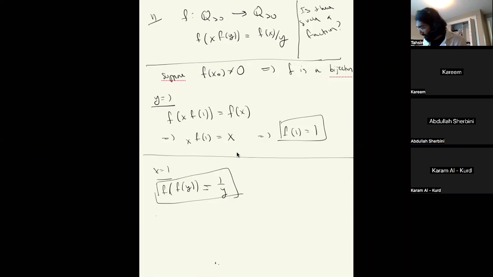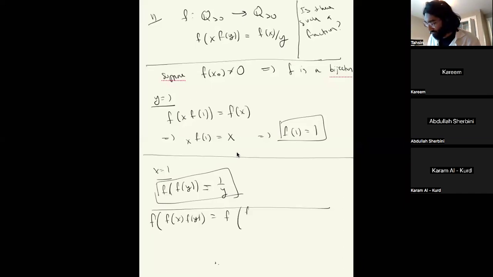Maybe we take f of left-hand side and f of right-hand side. So you want to write like this? In the final equation we got f of y equals 1 divided by y.